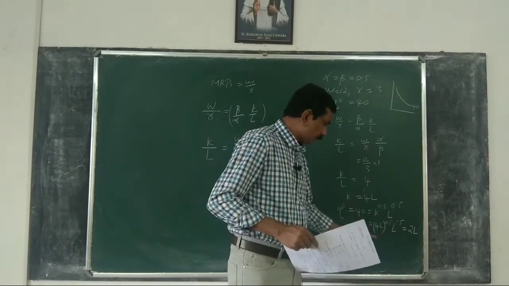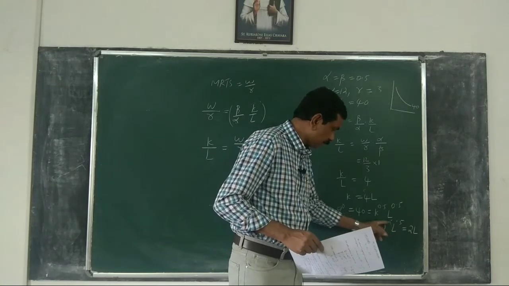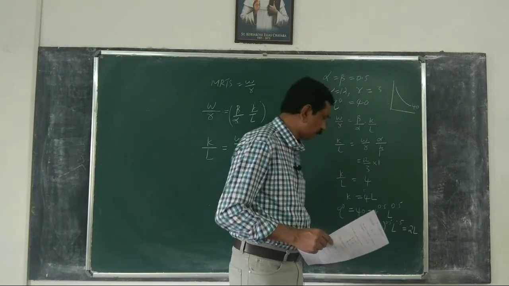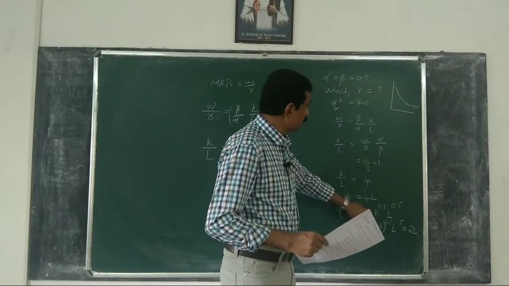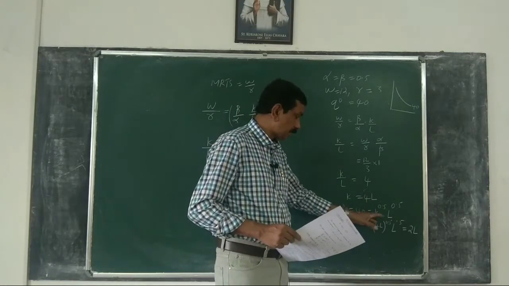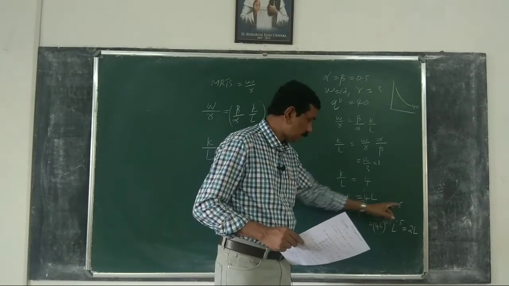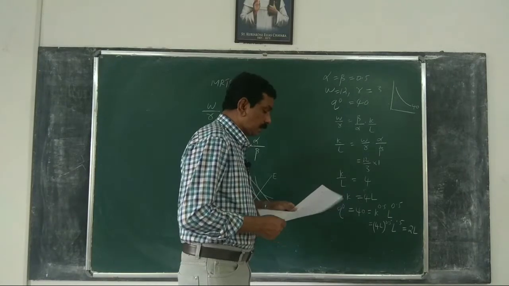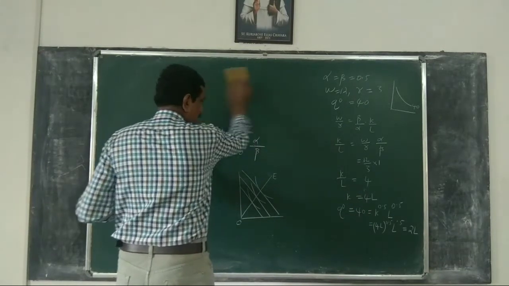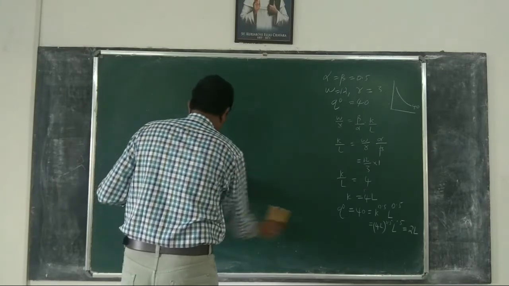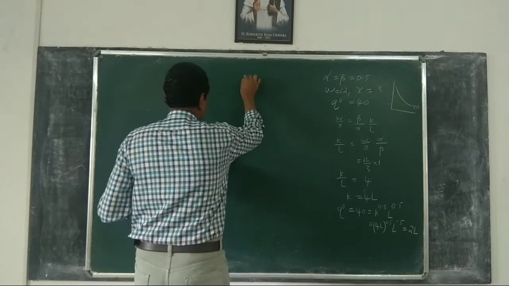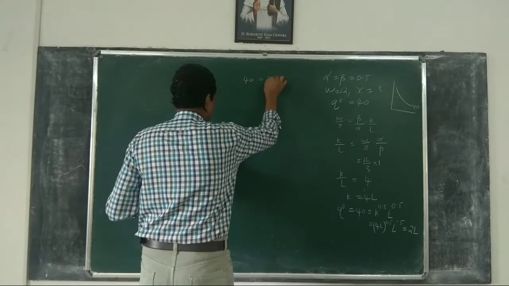Here the intercept A is ignored, I simply write it as K raised to alpha, L raised to beta. So Q0 equal to 40 is equal to 2L.